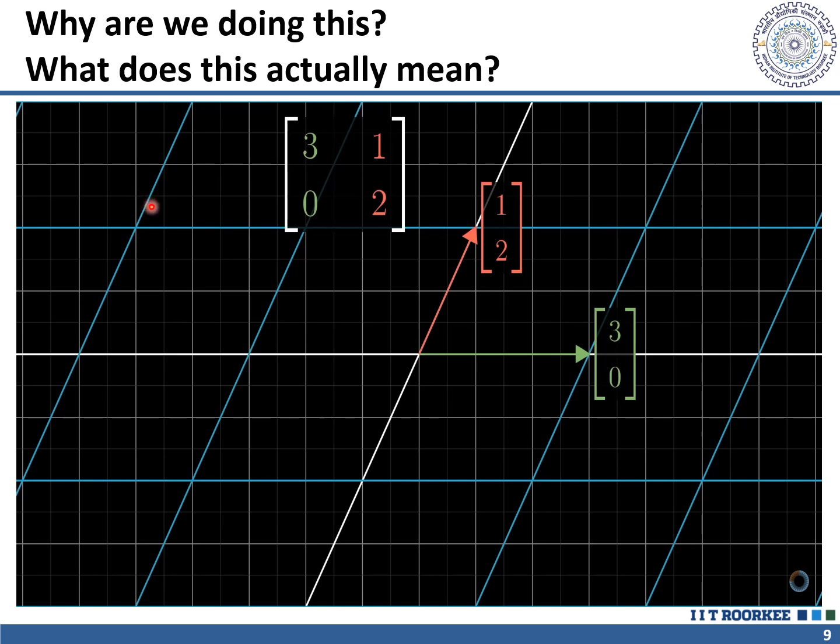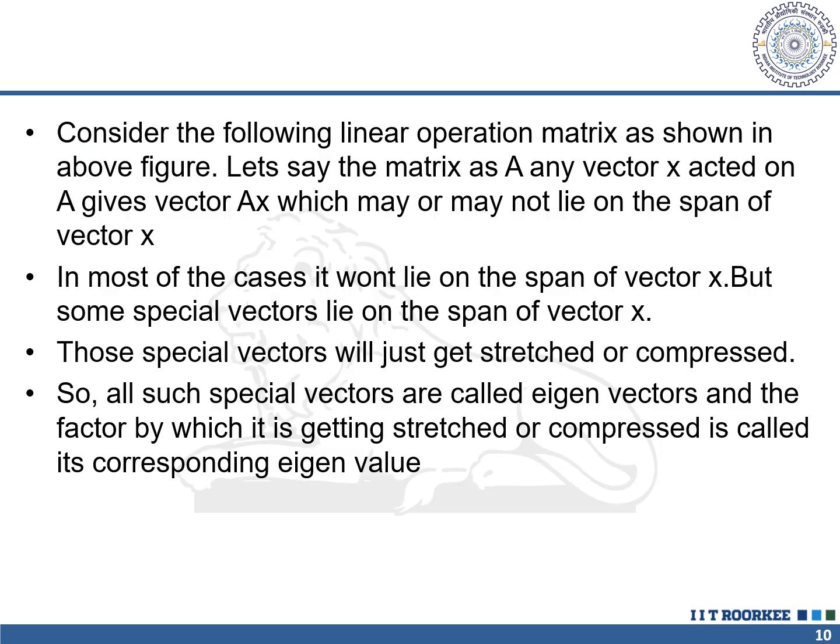For example, you can take a matrix [3 0; 1 2], which we can also call a linear transform operator, where (3, 0) is in this direction and (1, 2) is in this direction. These are the two basis vectors I choose for the linear transformation operation.